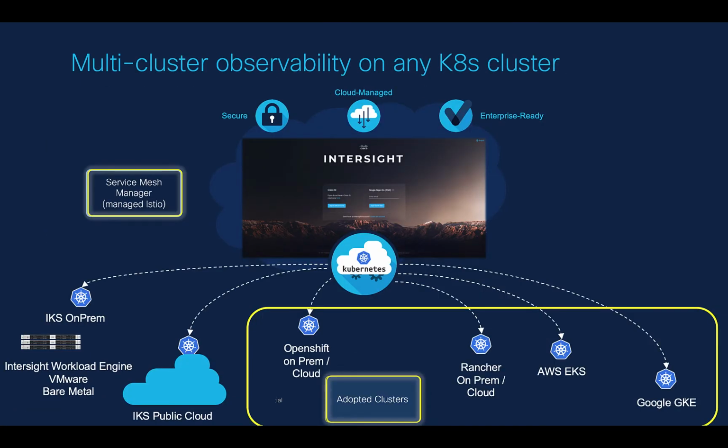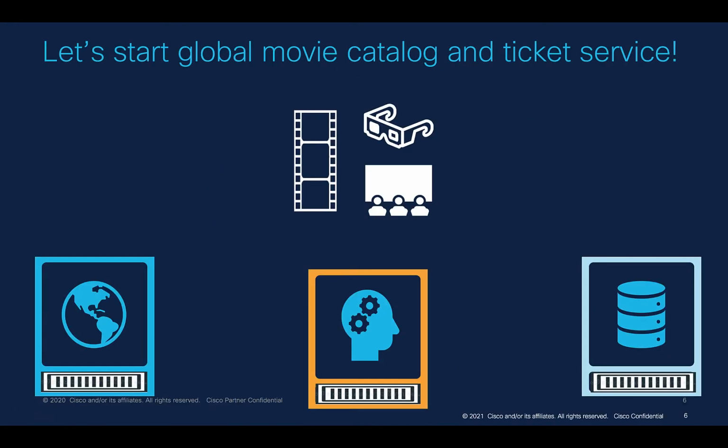Service Mesh Manager is a managed Istio offering which is available on any Kubernetes cluster, whether that's a Kubernetes cluster created on IKS, on-prem, on VMware, or Intersight Workload Engine, and in future on bare metal or public cloud, or any other clusters that you have and then adopted onto IKS. This allows you to have multi-cluster mesh across all your clusters.